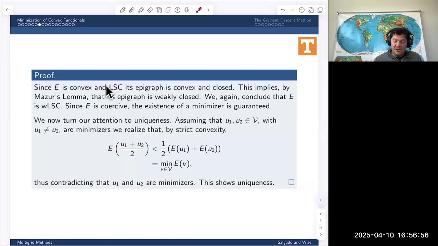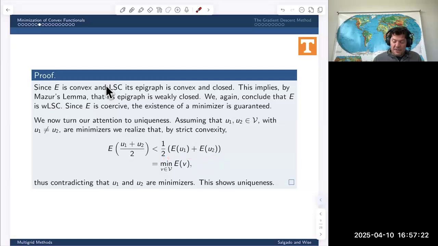And if you remember the definition of strict convexity, we know that the secant line is strictly above the value of the point on the curve. And the value at the secant line, where t is equal to a half, is exactly this.